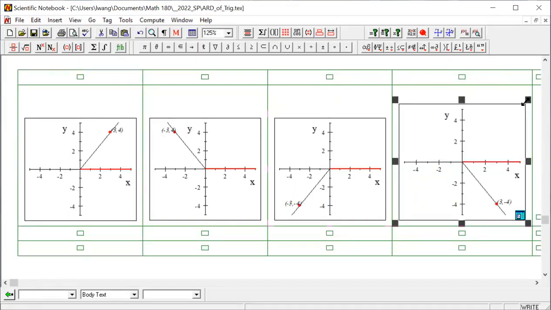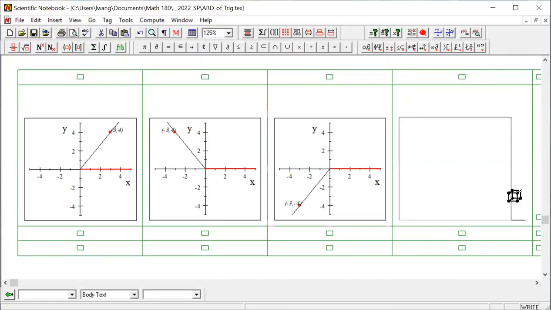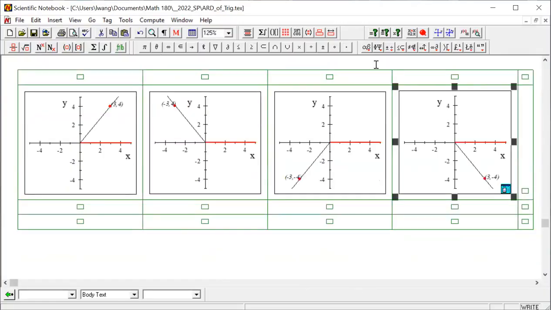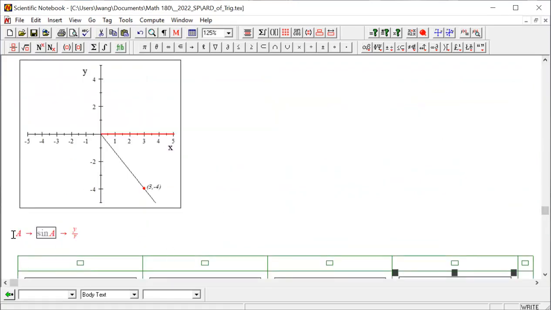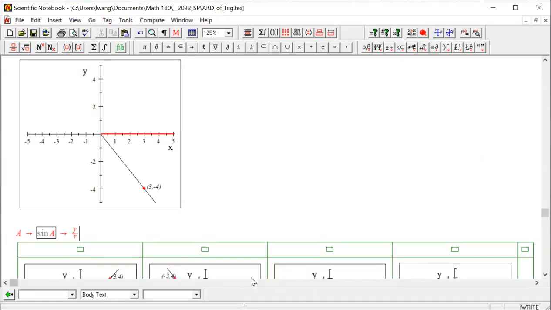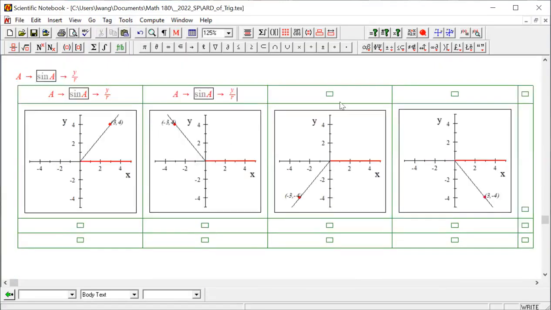And watch this again. This is a single important concept. All of these different angles, by one definition, one definition for sine. Of course, we're going to do cosine for sure.